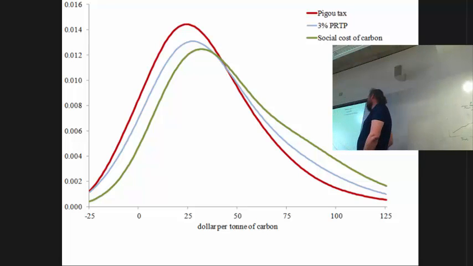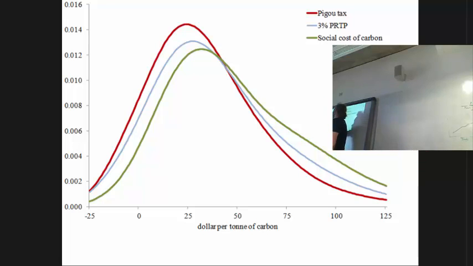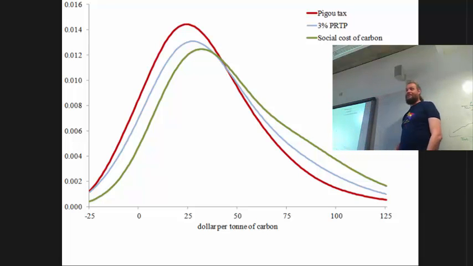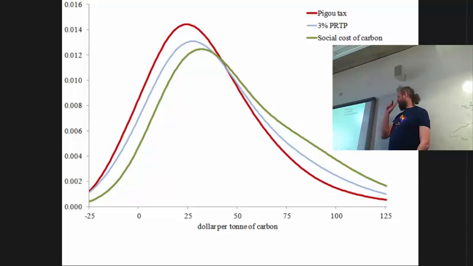There's just a greater chance of a negative surprise rather than a positive surprise. That also plays out in the uncertainty about the social cost of carbon. And the final thing that you see is that imposing the carbon tax has two effects. One, it shifts the mode towards zero, as you would expect, because emissions are lower, but it also fairly dramatically thins the bad tail. So you take away a lot of the negative surprises by imposing even a modest carbon tax.